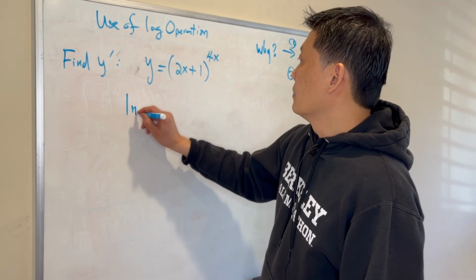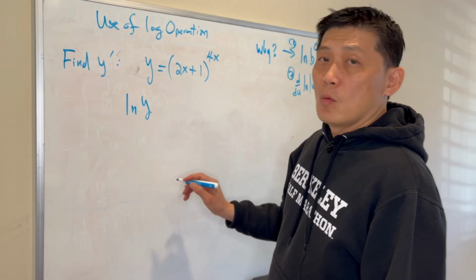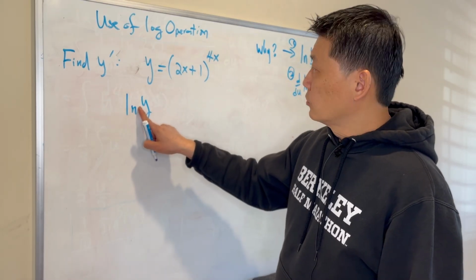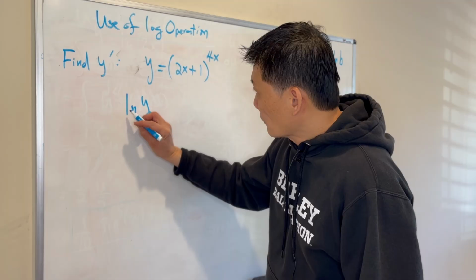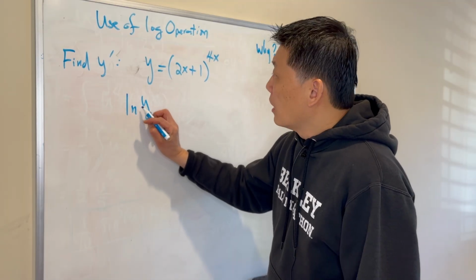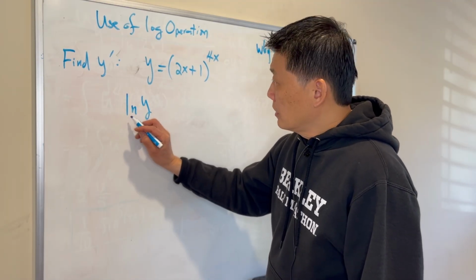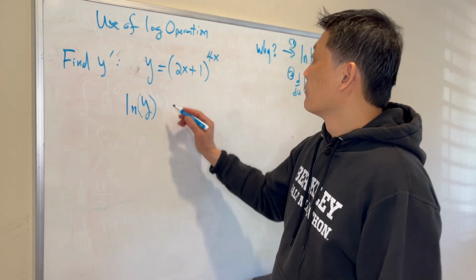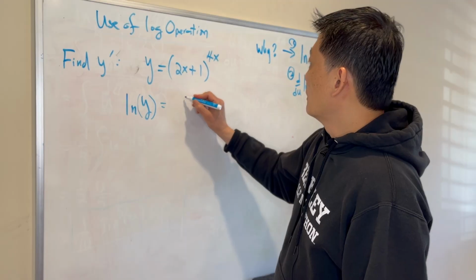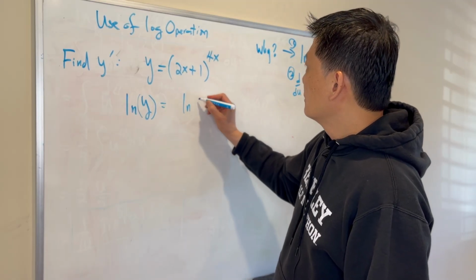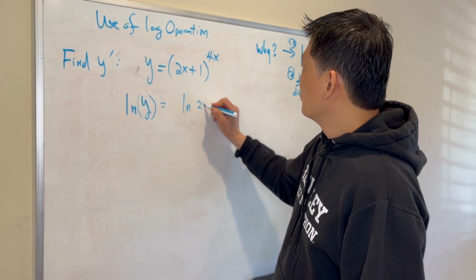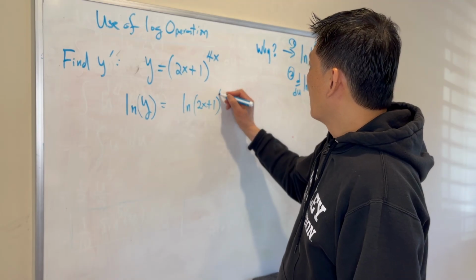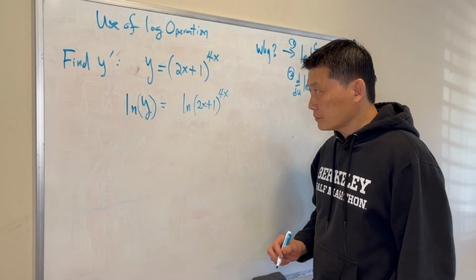So we say ln operating on y, not times y. Some students often make the mistake of thinking that ln is a thing multiplying by y. No, ln is an operation applied on the y. And we apply ln to (2x + 1) to the power of 4x.